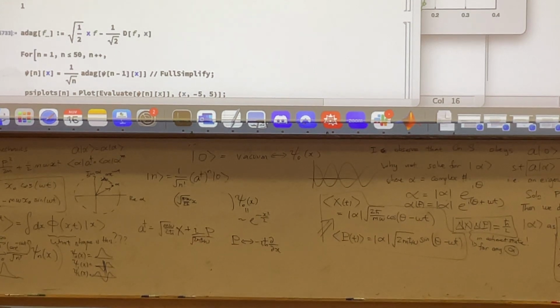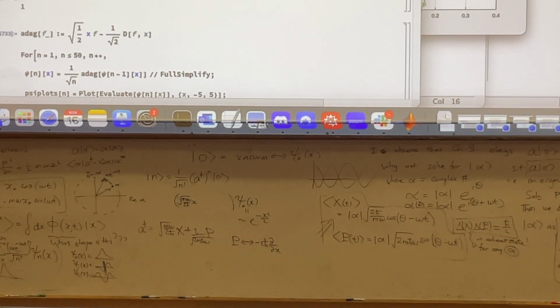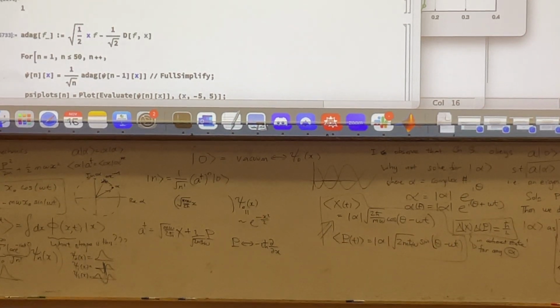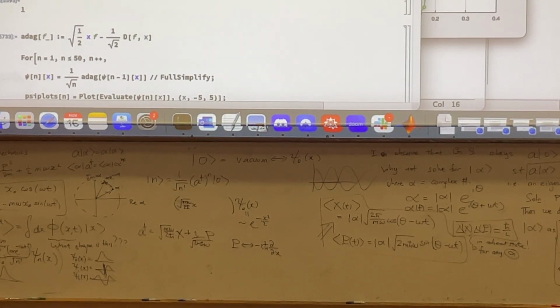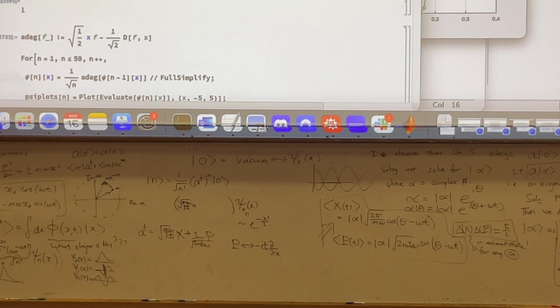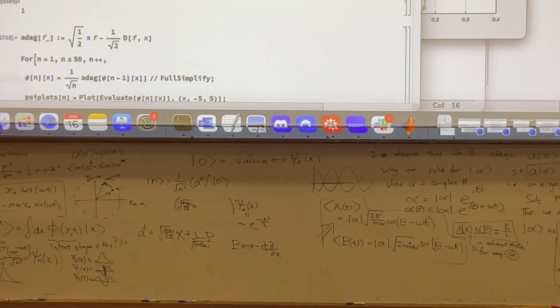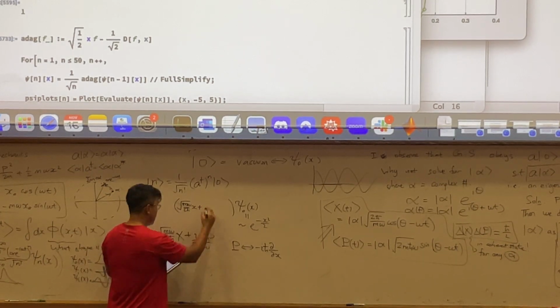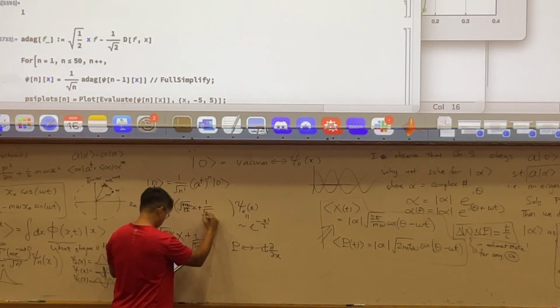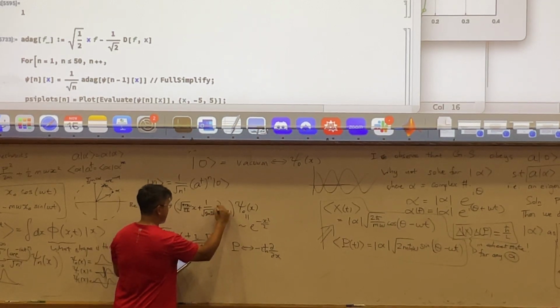So one part of a dagger is going to multiply by x. The other part is going to differentiate by x. That's the action of the big X and the big P, but now we represent it in the position basis. Okay? So that is equal to plus 1 over square root 2m h bar omega d by dx.